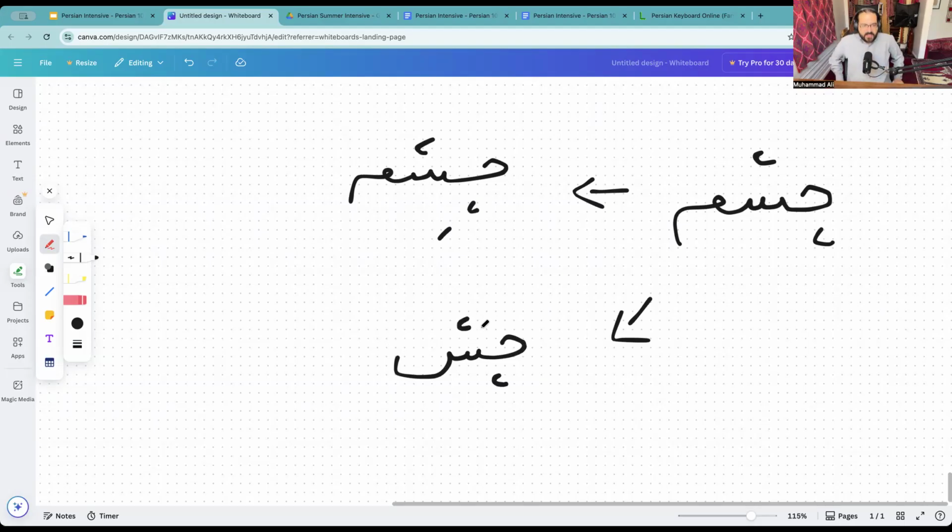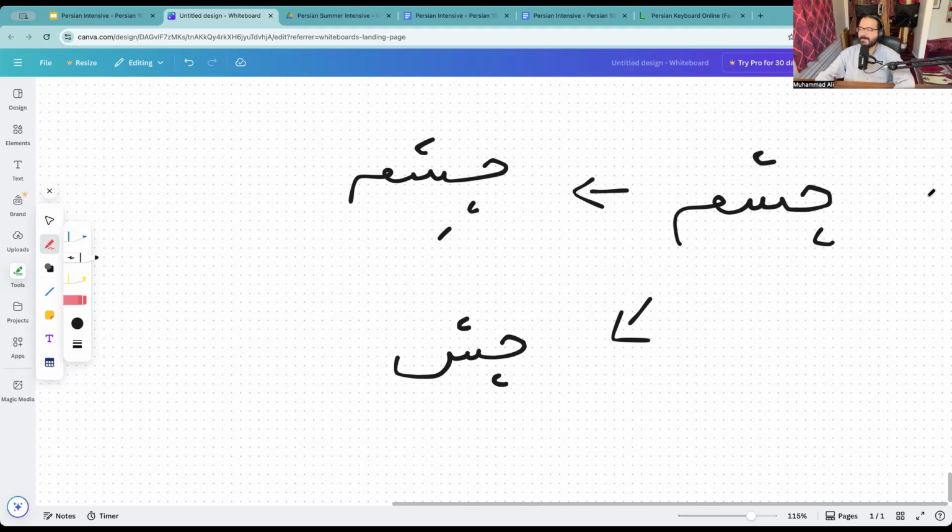It's even accompanied with a kind of movement. We go like this, if you want to be really formal. Chashm, meaning it's on my eyes. It's dear to me. We even say, bar ruye chashm, upon the face of the eye, which is even more formal.